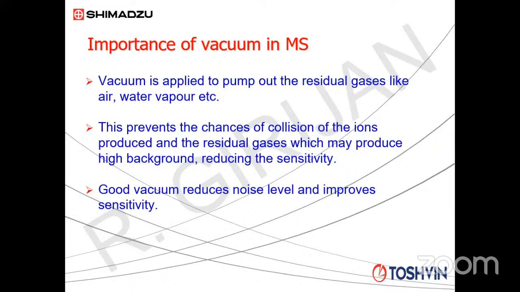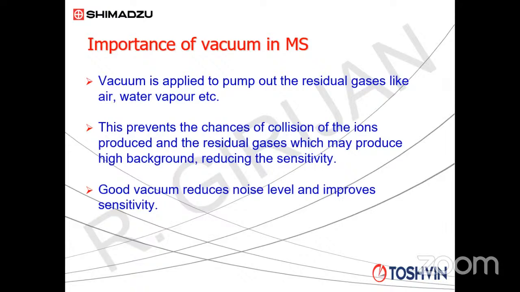That is the reason why we are connecting the mass spectrometer to a vacuum pump. By starting the vacuum, we are trying to pull out as much as possible all this water vapor, nitrogen, and oxygen from the system, so that these types of collisions will not take place, background noise will be minimized, and sensitivity will be increased. That is the importance of a vacuum.